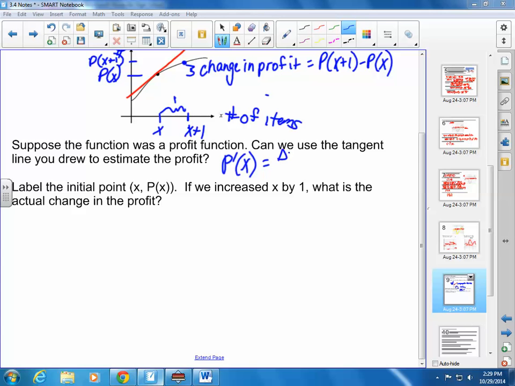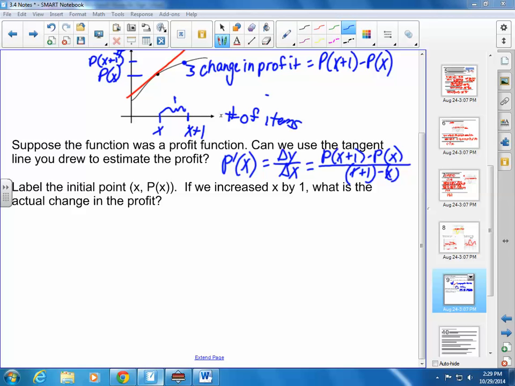It's going to be change in y over change in x. Well, my change in y is right now p of x plus 1 minus p of x. And my change in x, well, I just said go 1 unit. But that comes from x plus 1 minus x. Okay, y2 minus y1 over x2 minus x1. That's all I just did. Just didn't label it that way.